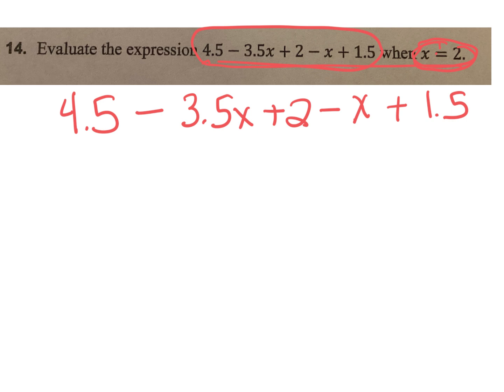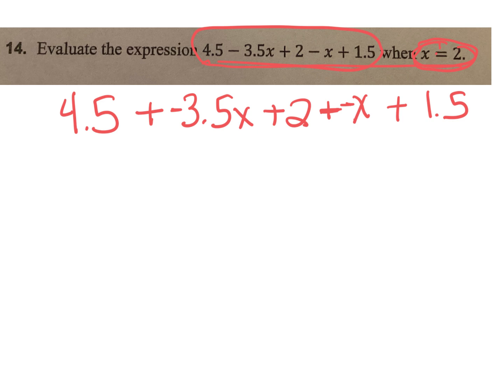Now I see I have some subtraction and some addition. I want to get everything to be addition. So I'm going to do 4.5, add the opposite, plus 2, and then for this minus, I'm going to add the opposite, plus 1.5.